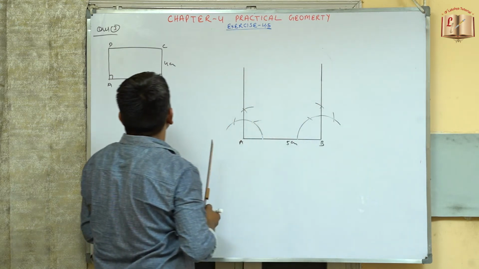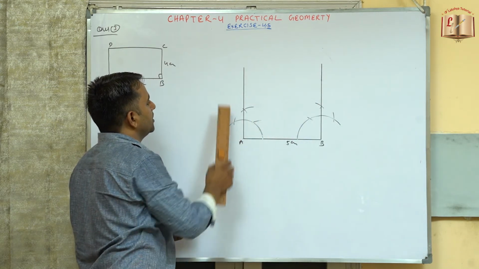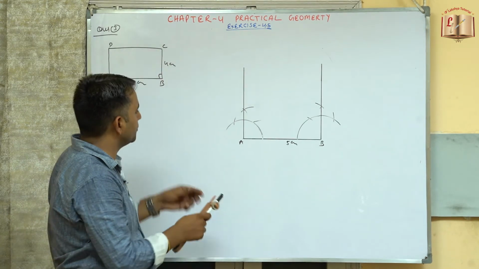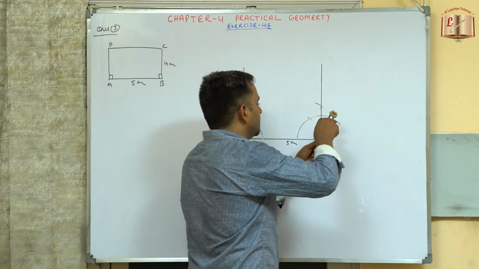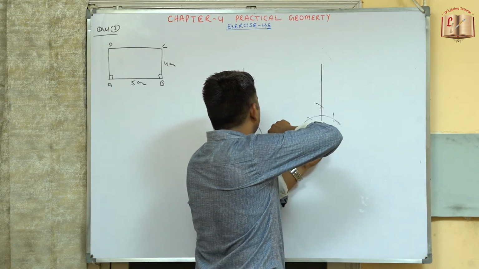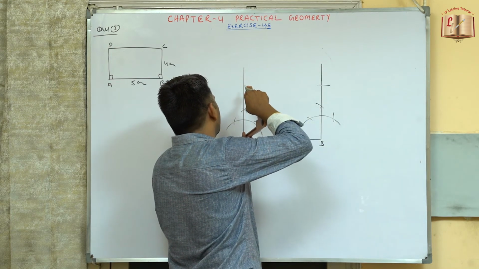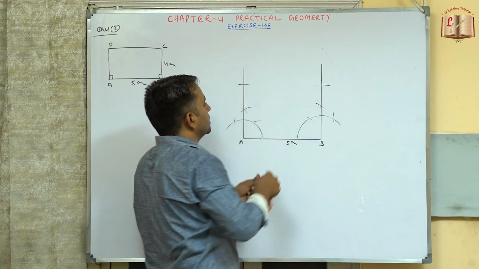Now another side is the 4 centimeter. So now we will cut an arc equal to the 4 centimeter. From both the sides we will cut an arc equal to the 4 centimeter now. So this is now 4 centimeter, and same this is 4 centimeter.